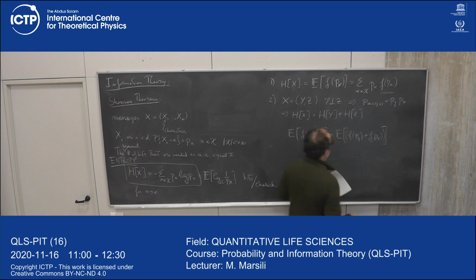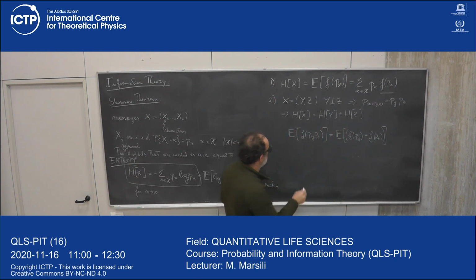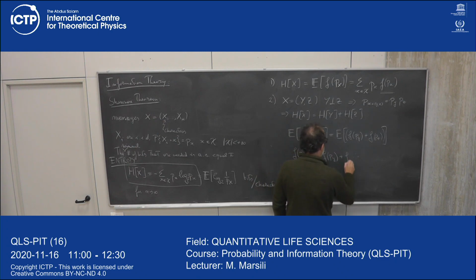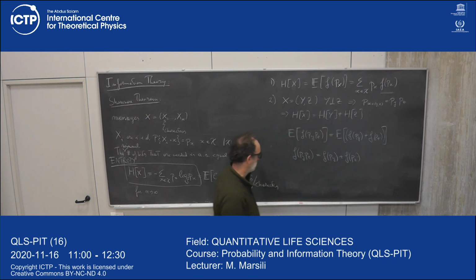Okay, so essentially your function f should satisfy this property that for any p_y, p_z positive, f of p_y p_z must be equal to f of p_y plus f of p_z. Okay.